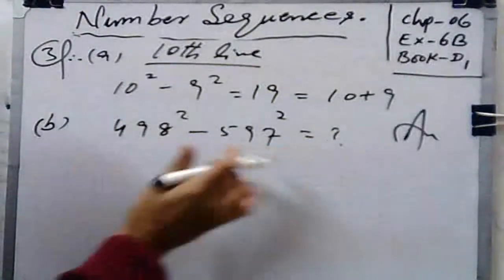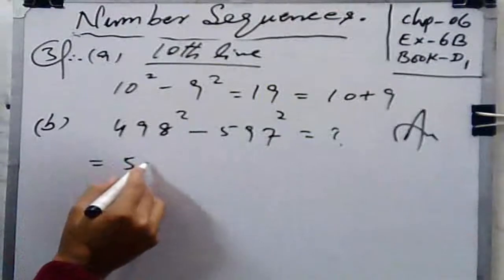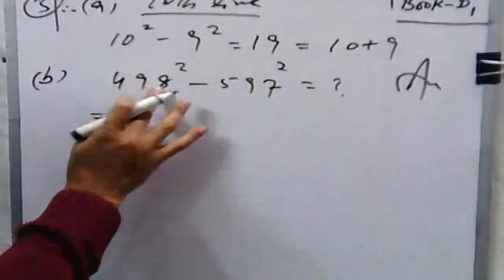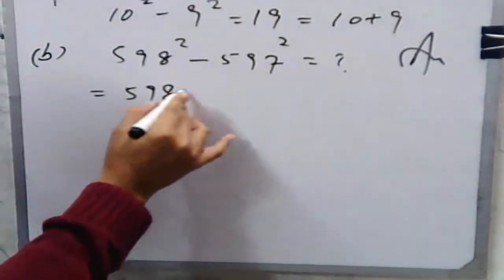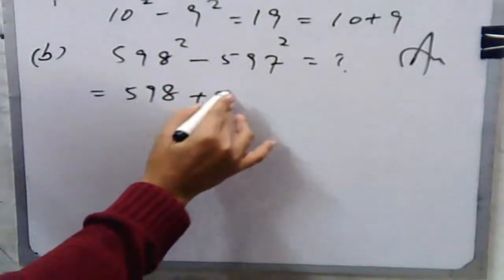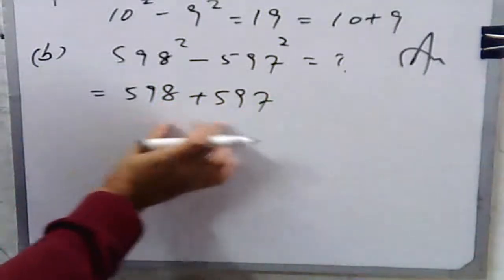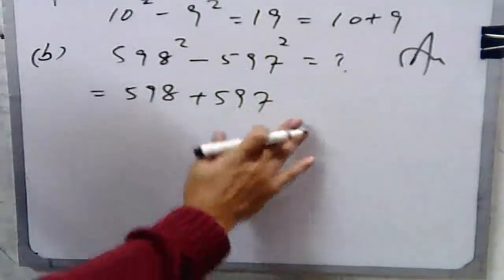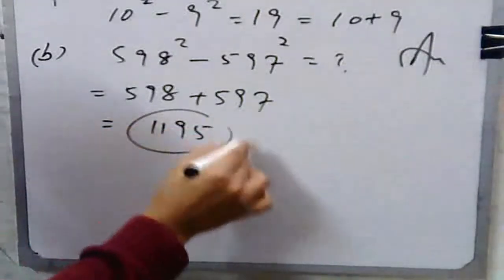So it will be equal to 498 plus 497, because these are two consecutive numbers, 97 98. After adding, 995 is your required result.